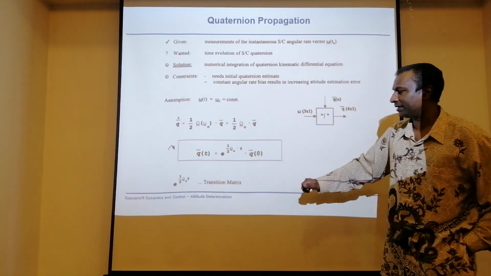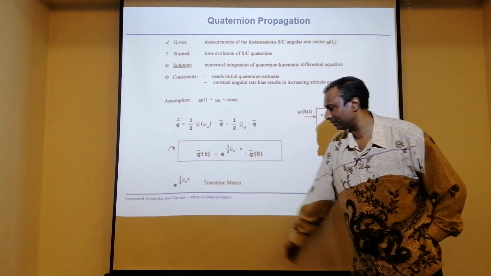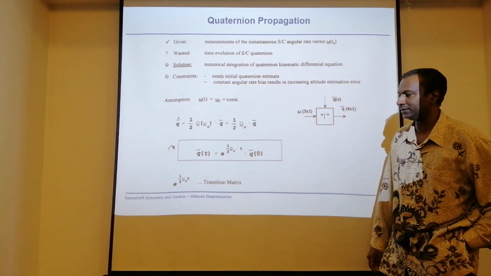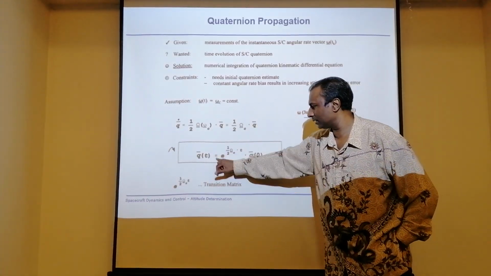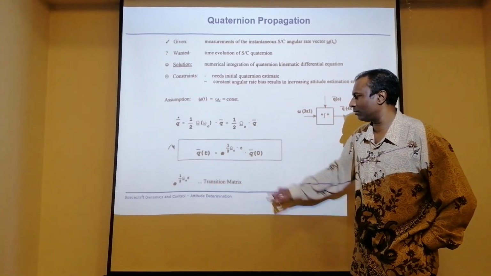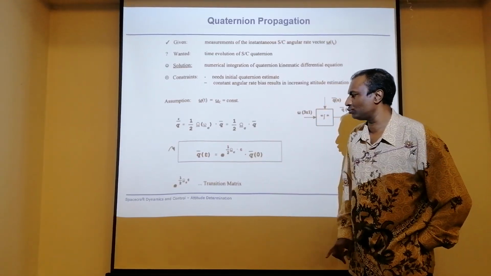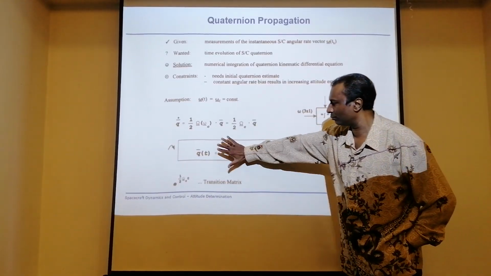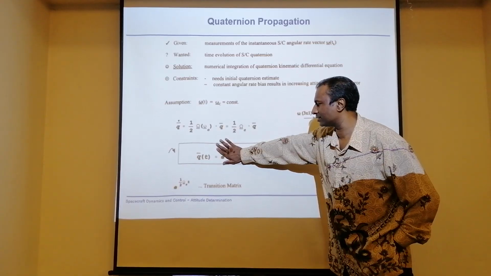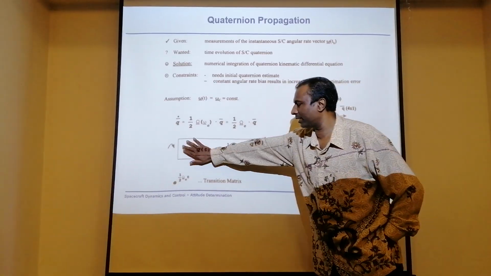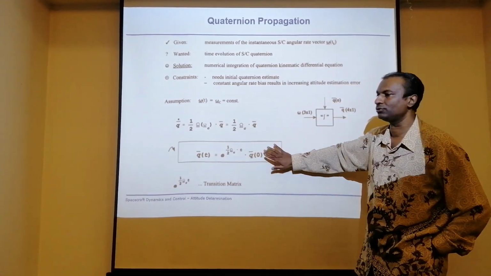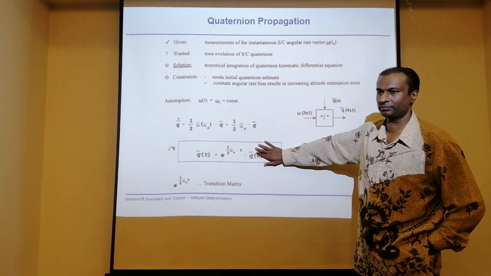Now, what I can do is rewrite that into a transition matrix definition. This component is practically a transition matrix. Why is this a transition matrix? Assume at time 0, this is going to be 1. That means your actual quaternion is equivalent to the initial quaternion.